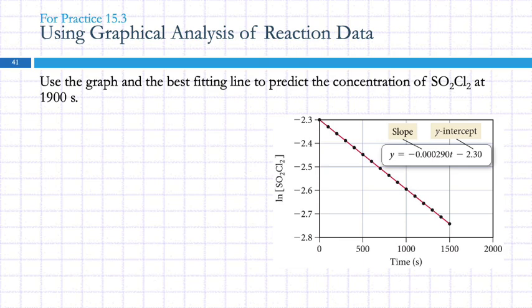So y is the natural log, and I'm calling it A because it's easier to write than SO2Cl2. So A at time t, which is 1900 seconds, is equal to this, right? So negative 0.000290 s to the minus 1 times the time, 1900 seconds.